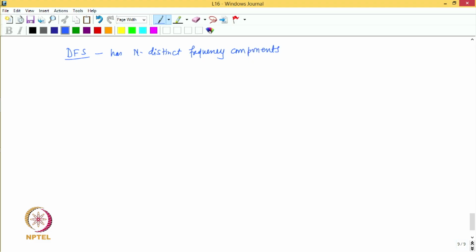And therefore, these n distinct components form the frequency domain representation of the discrete periodic signal.